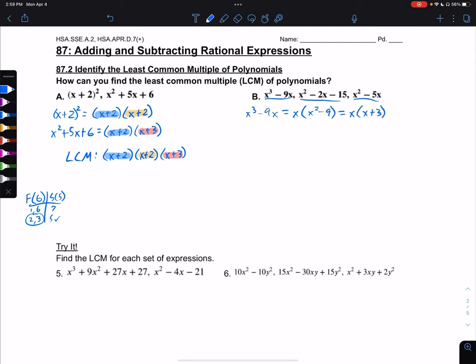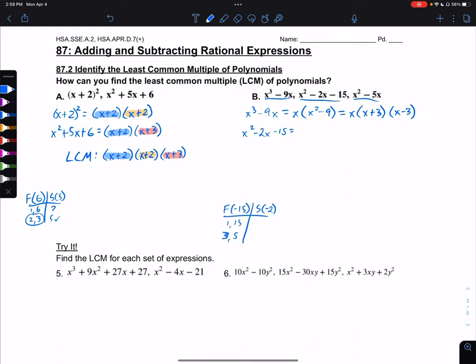So that can be factored further into (x + 3) and (x - 3). Then x squared minus 2x minus 15. I need to use my factor sum chart. So factors of negative 15 that have a sum of negative 2. So factors of 15, we have 1 and 15, 3 and 5.